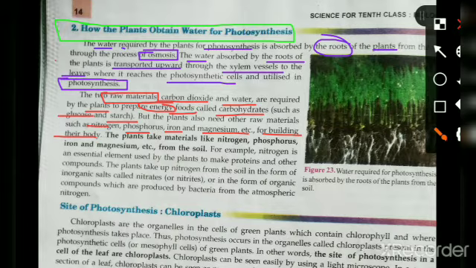But carbon dioxide and water are the necessary raw materials for photosynthesis. The plant takes nitrogen, phosphorus, iron, magnesium from the soil.